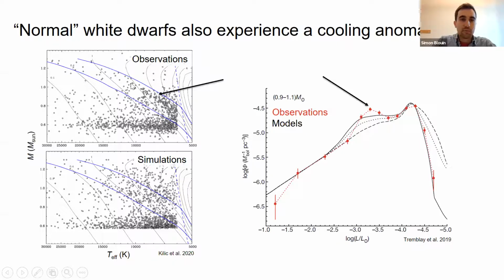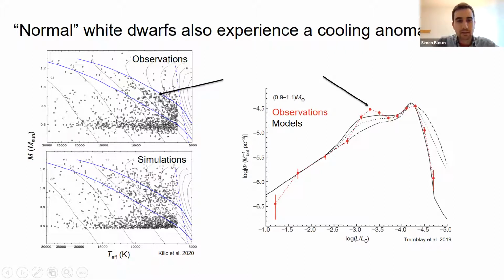So the top panel here shows the mass temperature distribution observed in the large sample analyzed in Killick et al. And the bottom panel shows an attempt to replicate this distribution using population synthesis simulation. And a difference that's very obvious between the two is that there is this overdensity here in the observations, which we just don't see in the simulations.